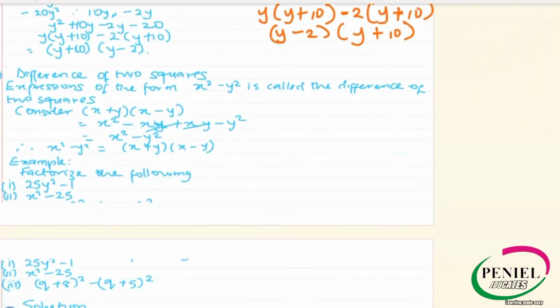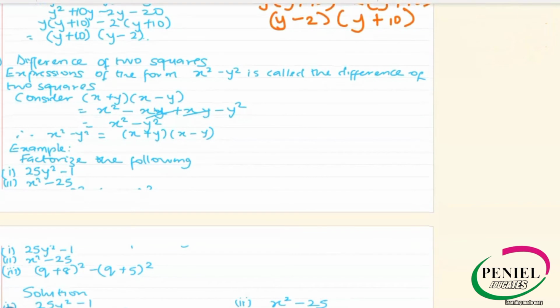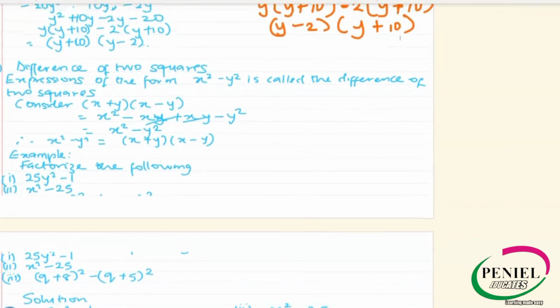expression. So let us look at difference of two squares. If we have an expression in the form of this, x plus y, x minus y, and you factorize that out, we have x plus y into x minus y.